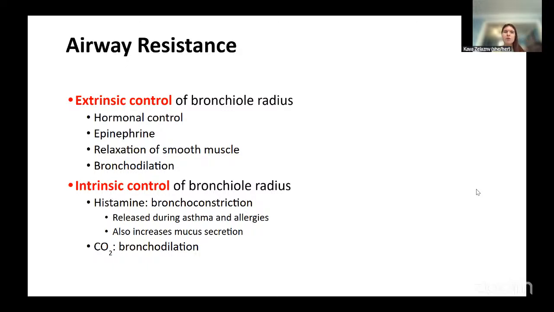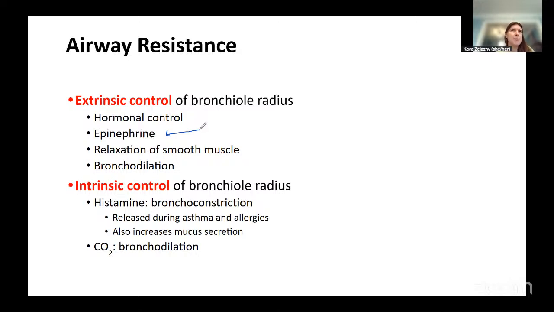We also do see some hormonal control involved when we're thinking about the radius of the bronchioles. Particularly, the main hormone we're thinking about is our old friend epinephrine. We know epinephrine is pretty inextricably linked to our sympathetic nervous system because of that pathway from the sympathetic nervous system running through the adrenal medulla, where we produce all of that epinephrine.